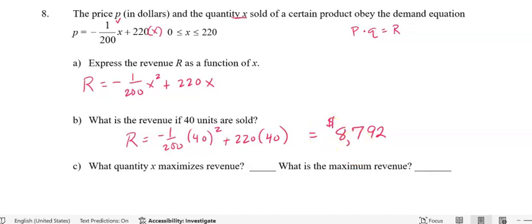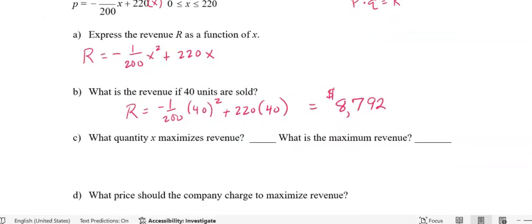All right, and then the next question is, what quantity X maximizes revenue? So this is just another way of saying, let's find the vertex, okay? So I'm going to do opposite of B over 2A again. And in this case, A is this -1/200 number, and B is 220.